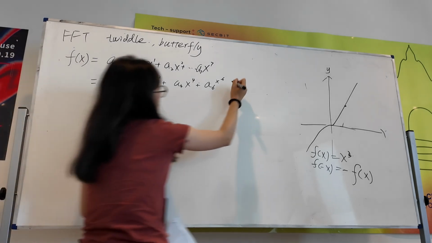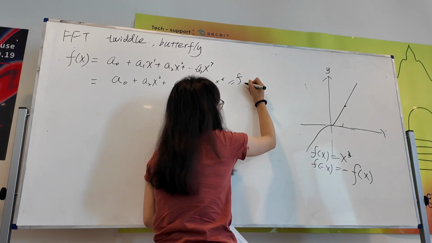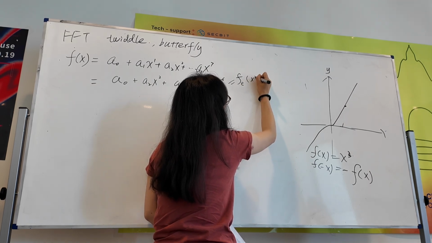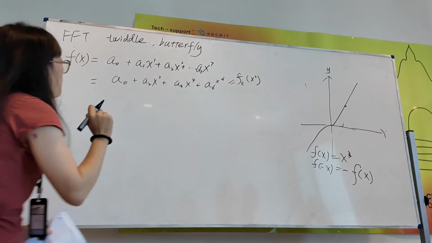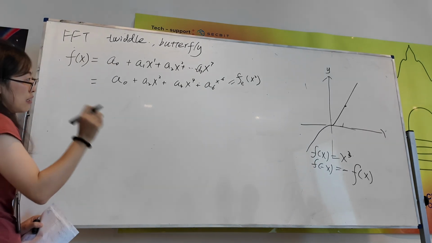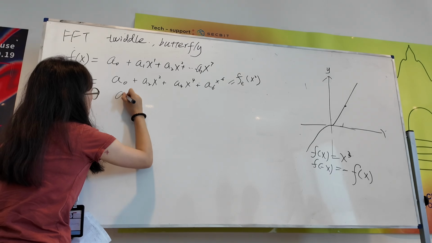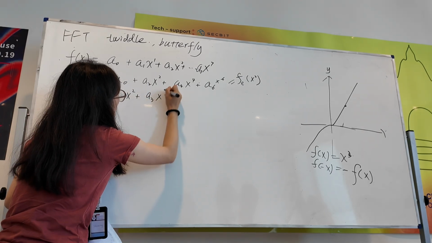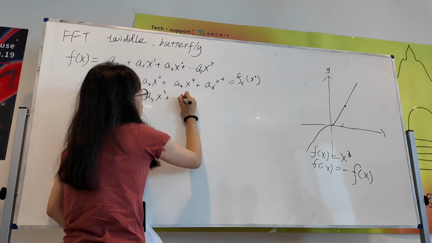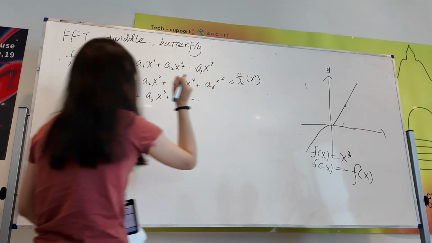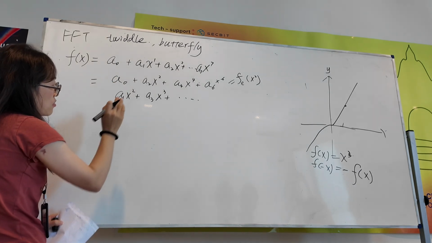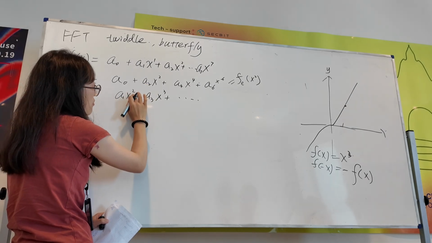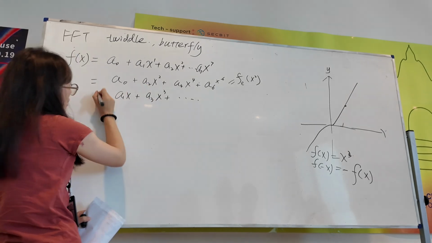Now this is f_even(x). I write it in terms of x squared. And for the odd function, it's a1 x plus a3 x cubed plus blah blah blah. Now I want to factor one x outside of the odd function. So I do this.